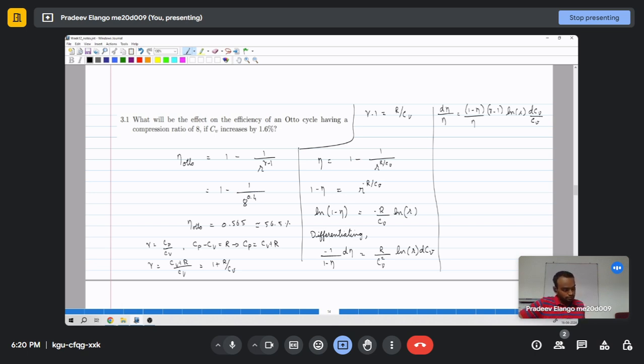Now it is given that the Cv is increased by 1.6%, so that means dCv by Cv is equal to 1.6%, or it is 0.016.